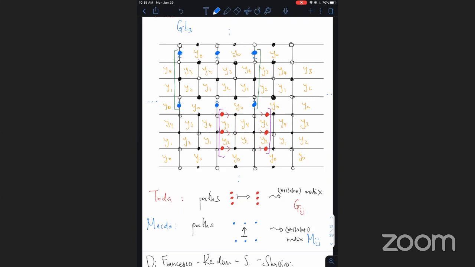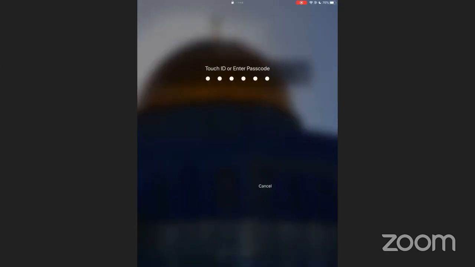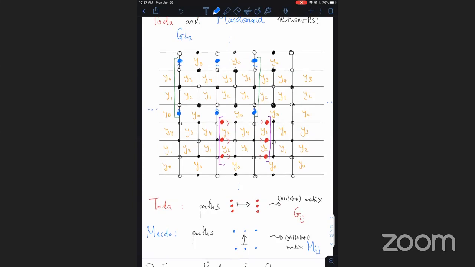But what is the reason for which we have to formulate it differently for the A cycle and the B cycle? Simply because it's not possible to draw a consistent network which will simultaneously have the blue arrows up here and the red arrows down here pointing the way they do. It's not possible to consistently orient things in such a way.